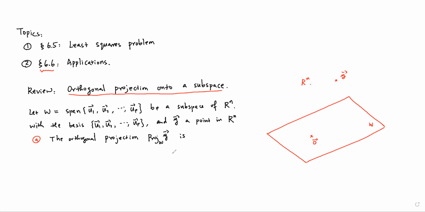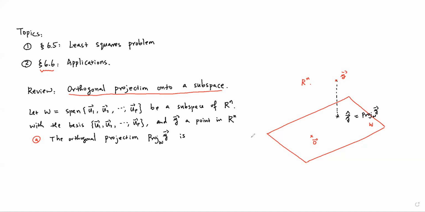This point, the notation is this, but I use a Y hat. Y hat, of course, is the projection of the point Y. Now, the question is how to find Y hat.